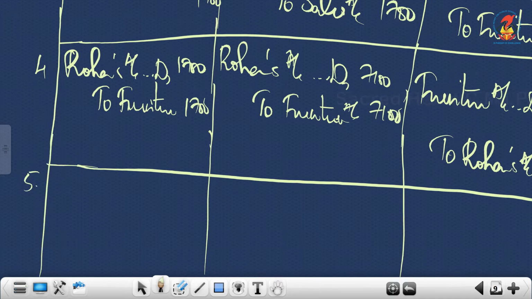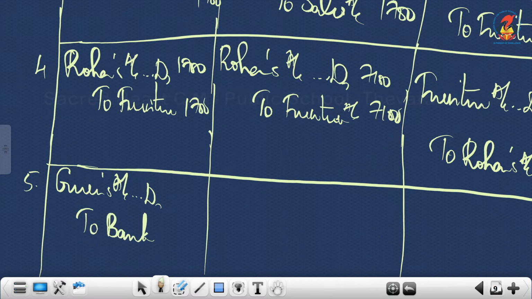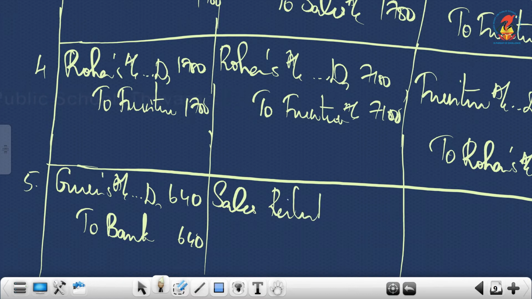Fifth one, the correct entry was Guru's account debtor to bank. The amount is 640, but we debited to sales return. So we wrote sales return debtor to bank.